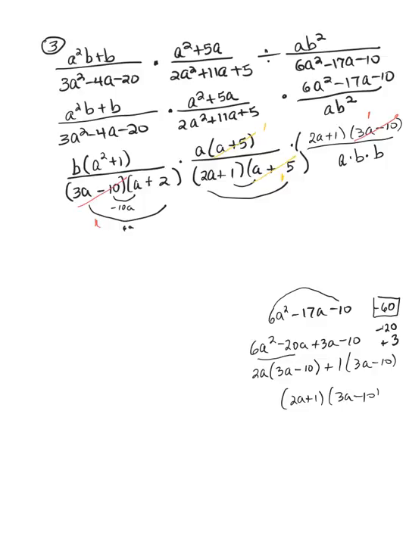Let's see. The a here divides with this a here, and this b divides with that b there. And is there anything else? Yes. The 2a plus 1 divides through with the 2a plus 1. And I think that's it.